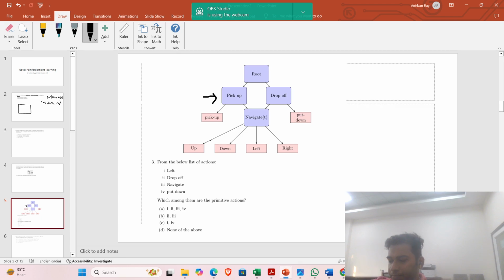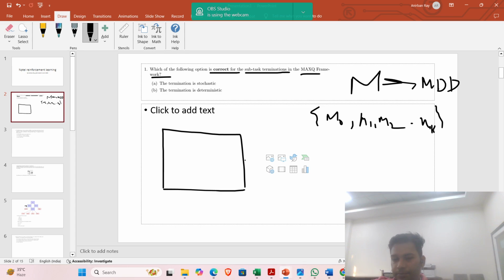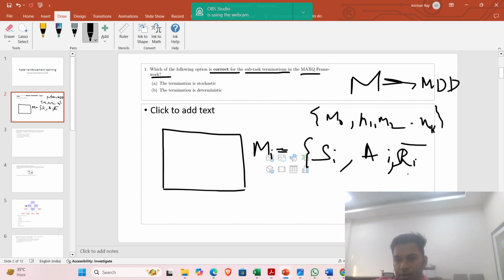And we define each smaller MDP, smaller task, as S_i, A_i, R_i dash. This is the reward allocated with every subtask.